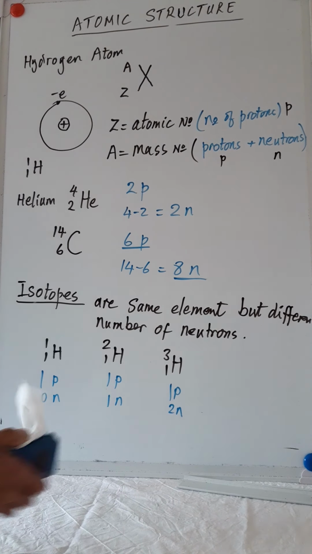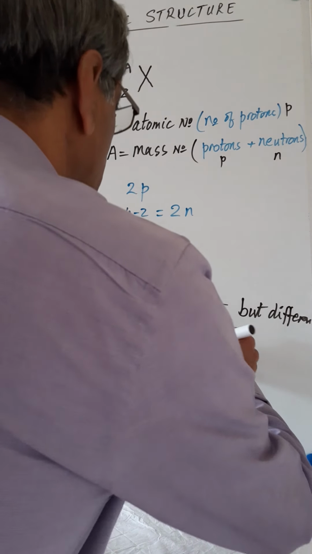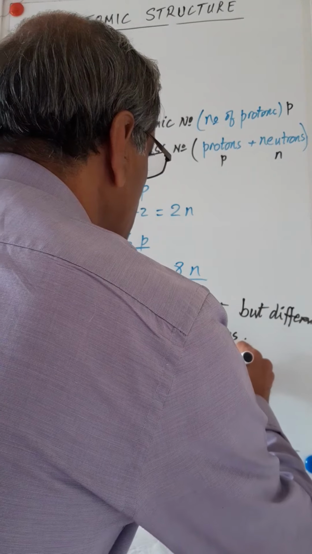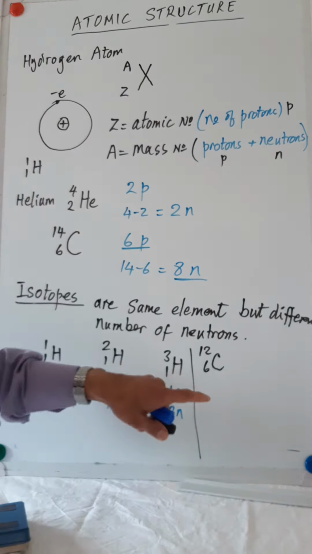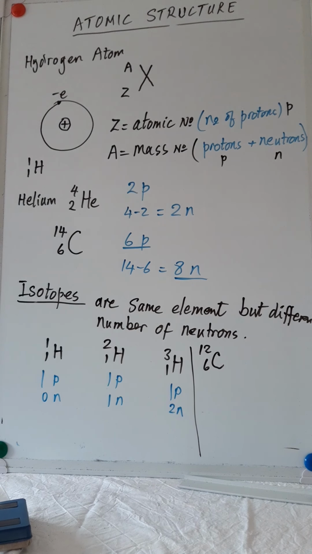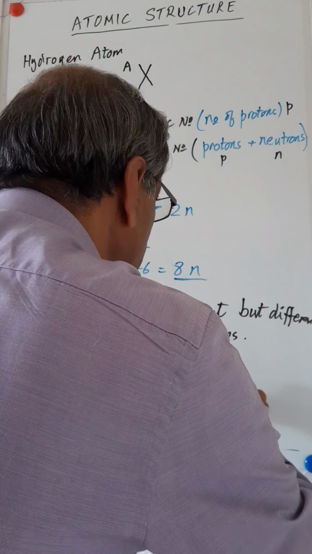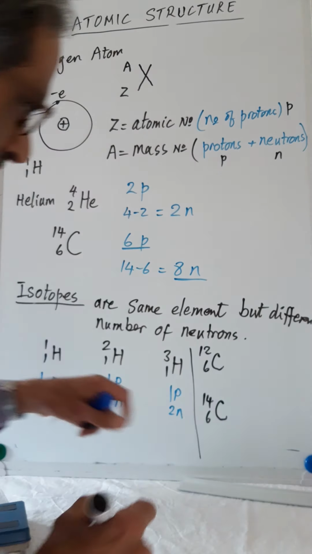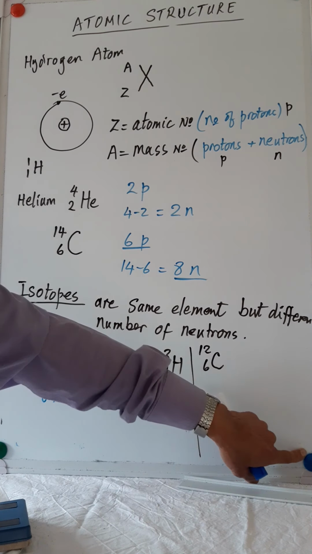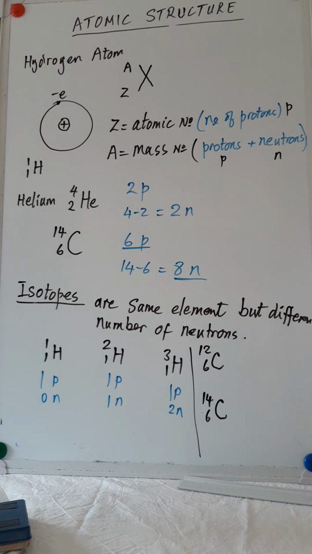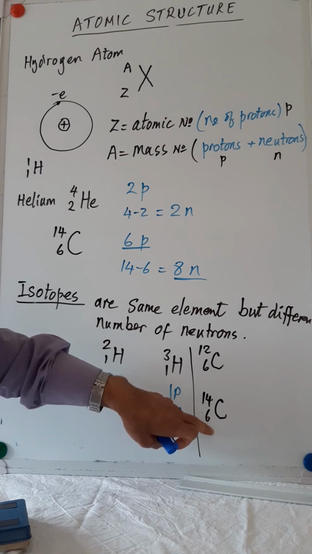In the same way, we can write other isotopes like carbon 12, 6. That's the normal carbon that we know, and there's carbon 14, 6. Now remember, if the proton number is the same, that means it's the same element, because the element is determined by the number of protons. So any element which has 6 protons has to be carbon.